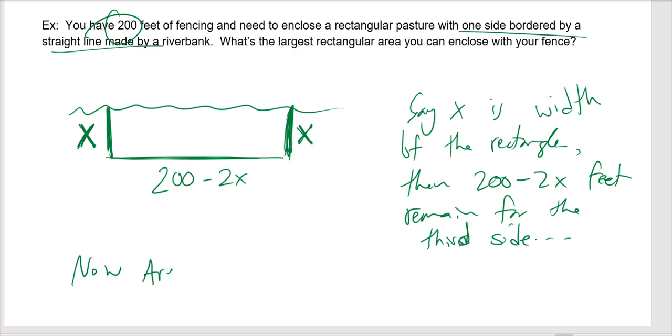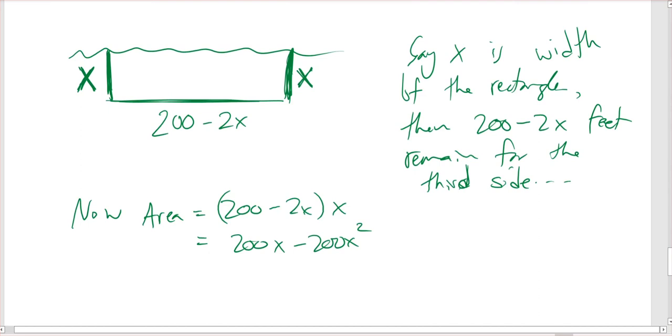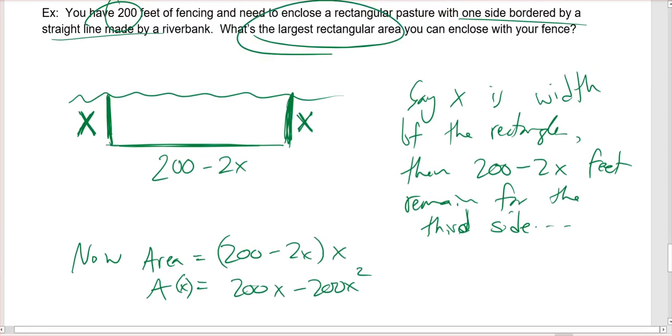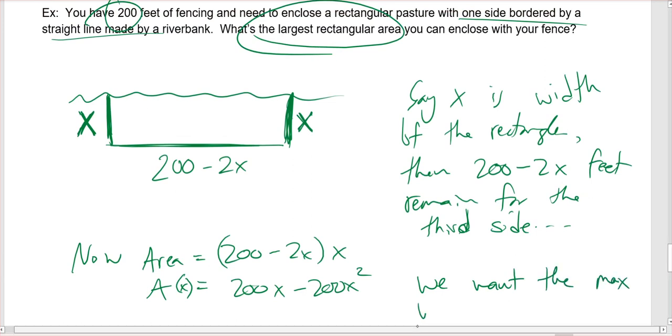Now we can say that the area of the whole thing is the length times the width, which would be 200x minus 2x squared. So if I write my area as a function of x, there it is. We want the largest rectangular area that we can enclose, so what we're really saying is we want the maximum value for this function.